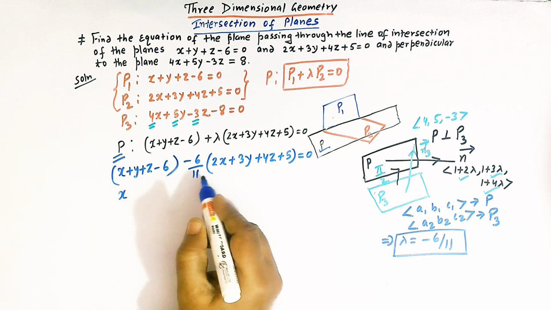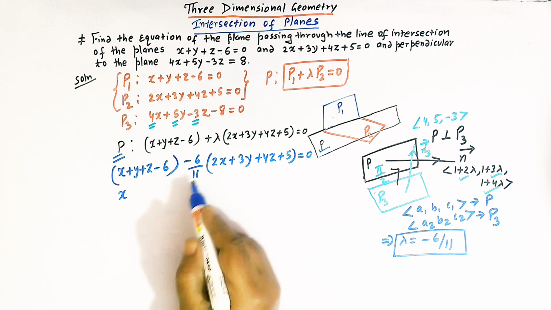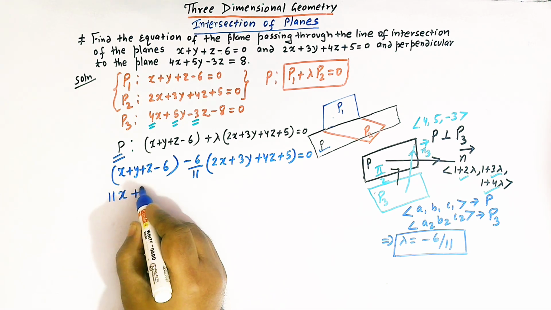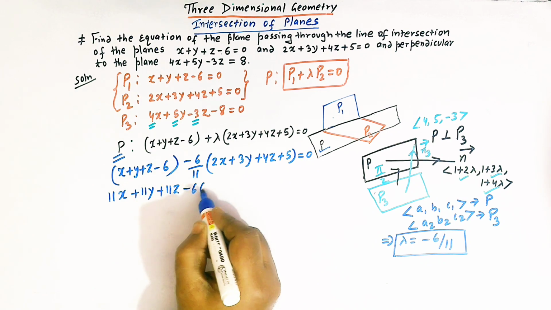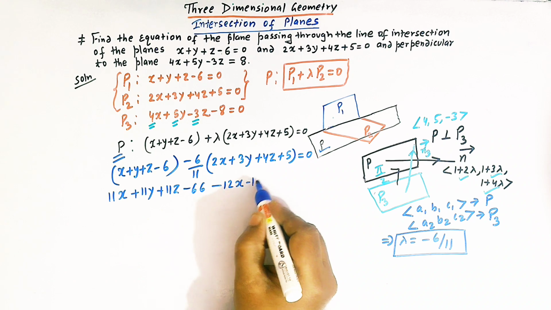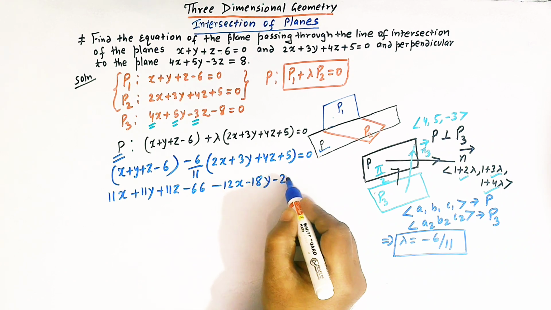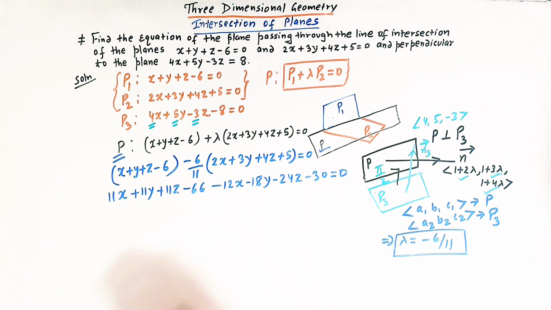So multiplying this equation throughout by 11, we have 11x plus 11y plus 11z minus 66, and then we have minus 12x minus 18y minus 24z minus 30 is equal to 0.